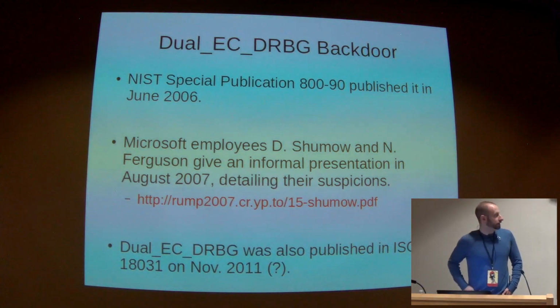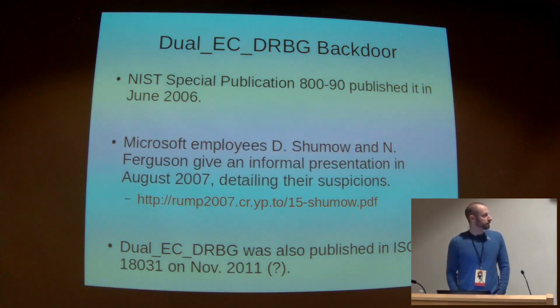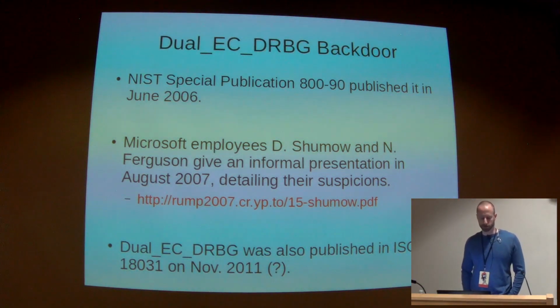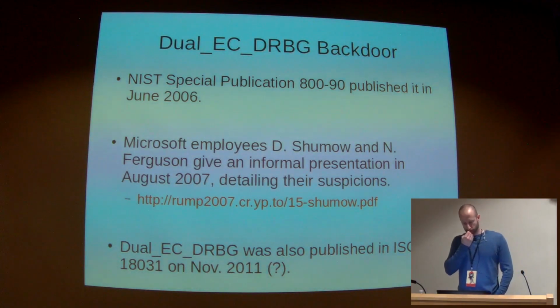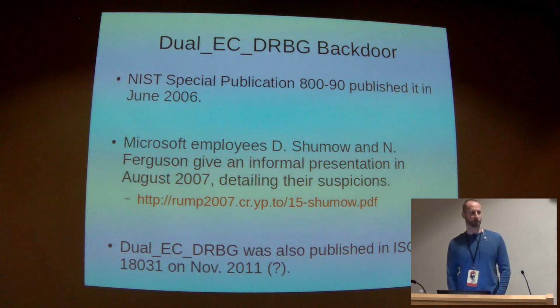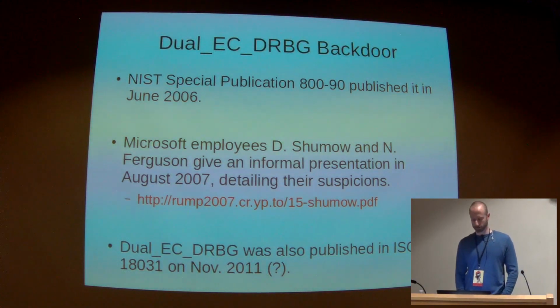Some time goes on, and after it got into the ANSI document, it gets through NIST in a special publication in June 2006. About a year after that, some Microsoft employees, Shumow and Ferguson, gave a presentation saying, hey, this is looking pretty shady here.